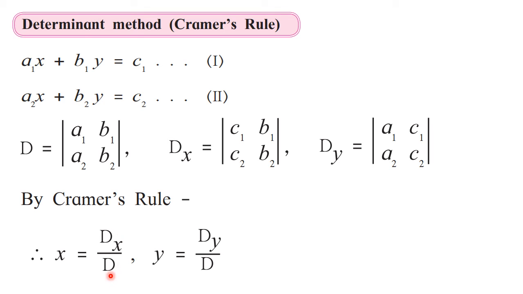So 6 upon 2, the value of x is 3. Suppose dy is 8 and d is 2, then the value of y will be 4. In this way you are going to get the answer. So Cramer's rule is easy. Only it is important to understand how to write d, dx and dy. If you are writing them correctly, then you are going to get the correct answer.